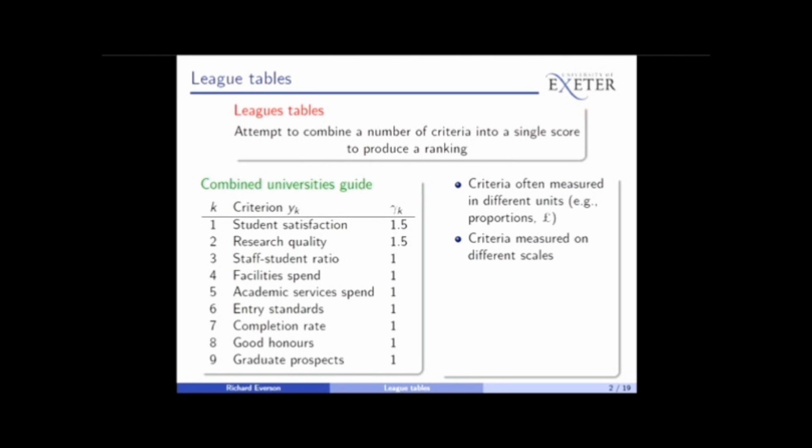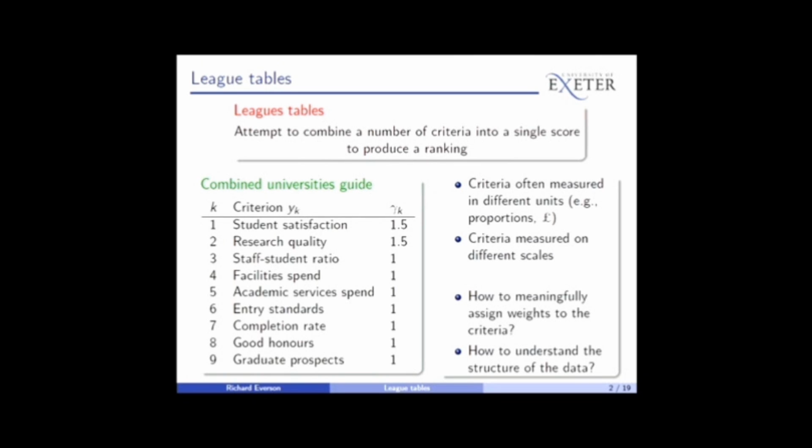And the usual response in constructing a league table is to normalize the data for each one of the criteria individually, probably by subtracting the mean and dividing by the standard deviation to get a z-score, and then weighting them by these weights here, which I'm going to call gamma k, and adding the result up, and that gives you a score, which is then used for ranking.